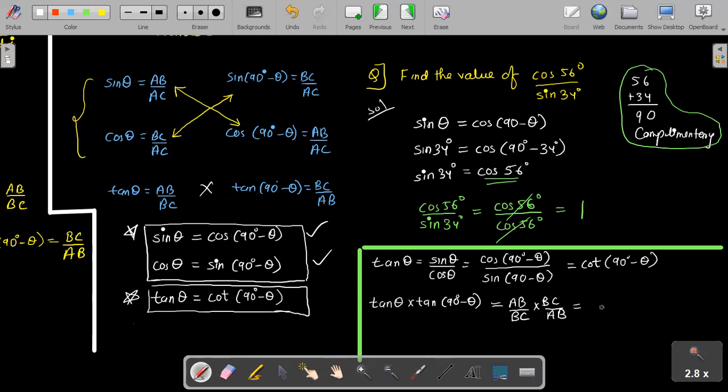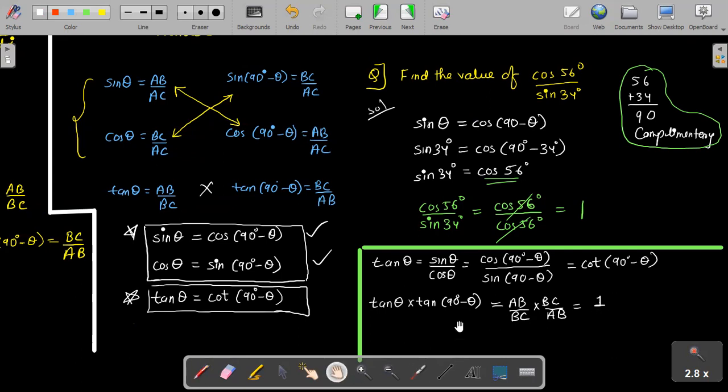One, right? Because BC will cancel and AB also will cancel. So you will get answer 1. This also you should remember: tan theta multiplied by tan 90 minus theta is 1. Is that clear?